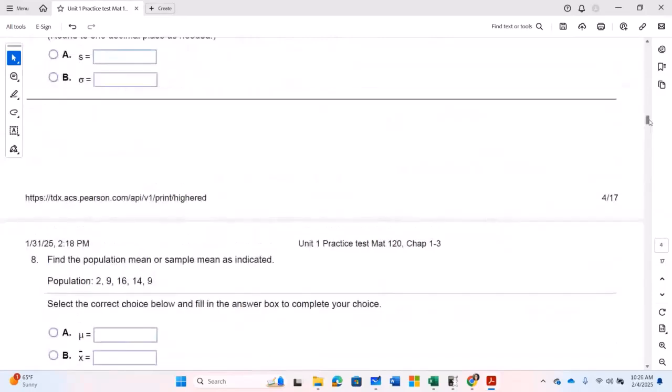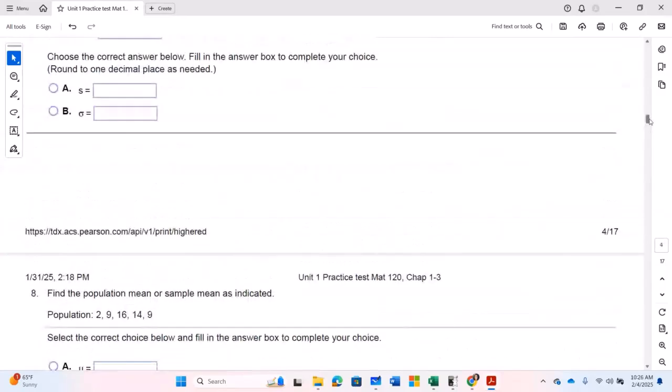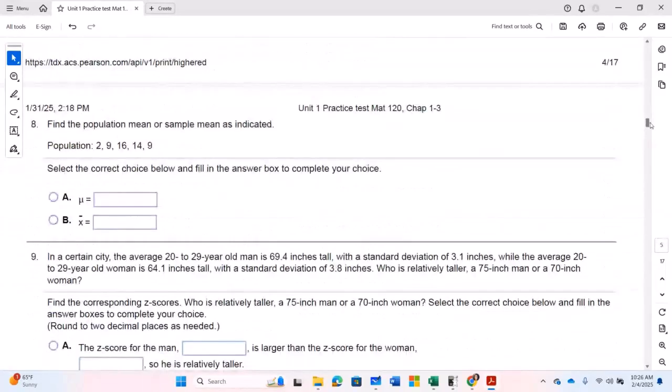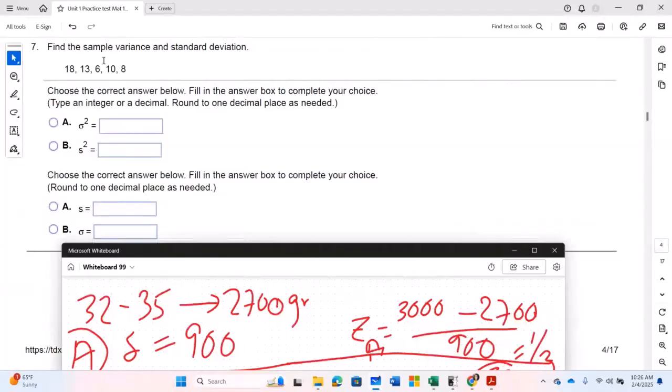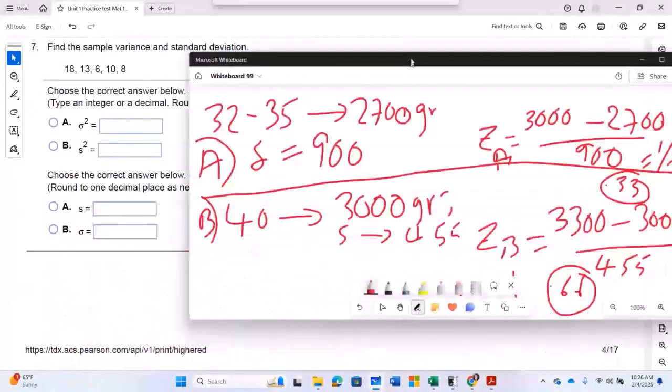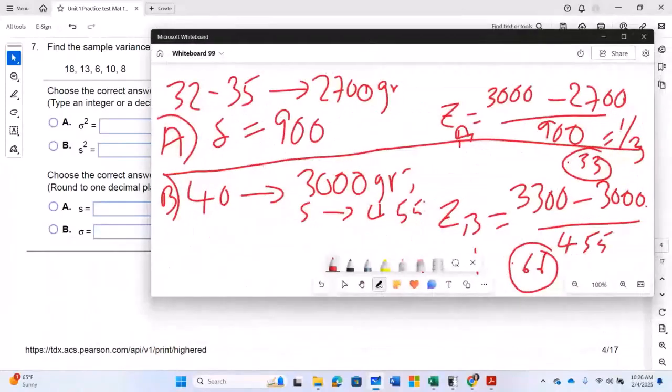Let's talk about group data, and I'll come back here. As we go down, we have to get to group data today. We want to make sure we review group data again.